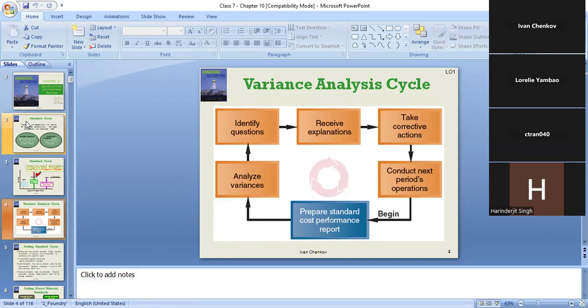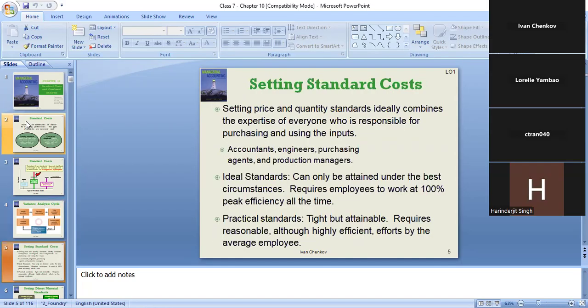Once you find the explanation, then take the corrective action, implement those actions for the period, and keep going with the next one. That's why it's very important for you to understand the whole process. The analytical process here is very important for understanding where exactly the problem is. But you won't be able to find the problem if you don't ask questions and if you don't wait for the response. Don't jump directly to the action. Again, I'll show you in a second.